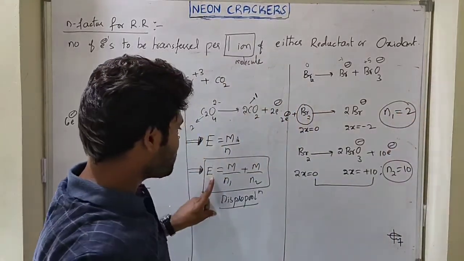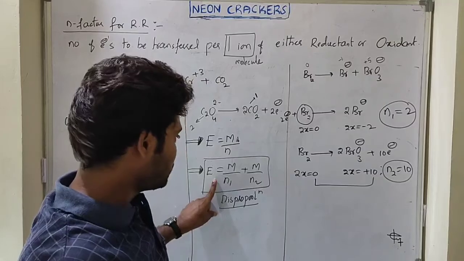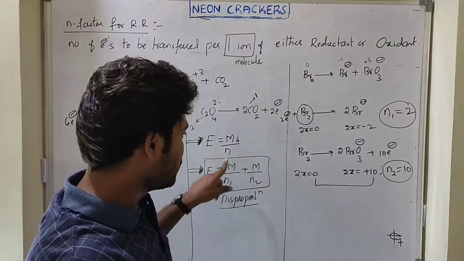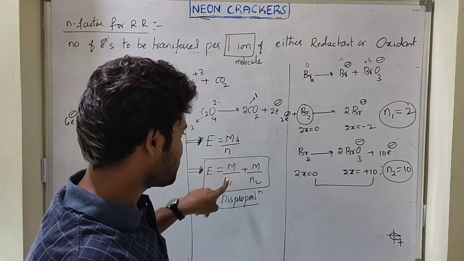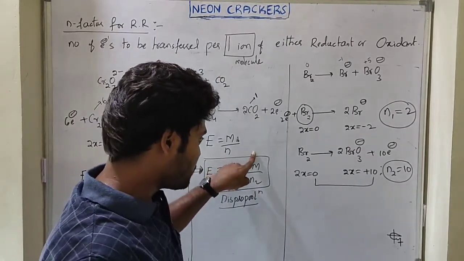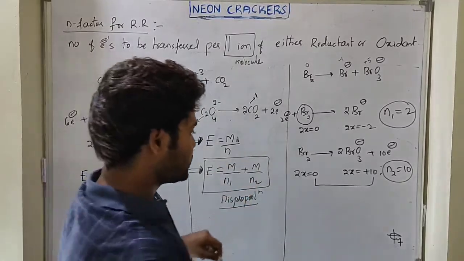Now for a disproportionation reaction, how to find the equivalent weight? Equivalent weight equals molar mass of that substance upon n1, the N factor for reduction, plus molar mass upon the N factor for oxidation.